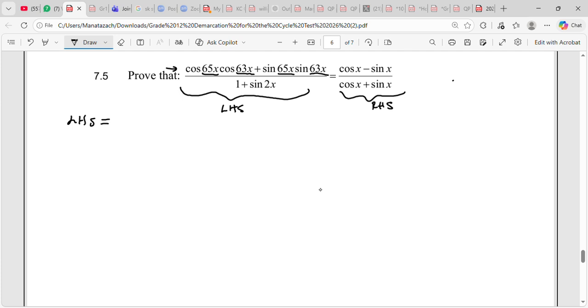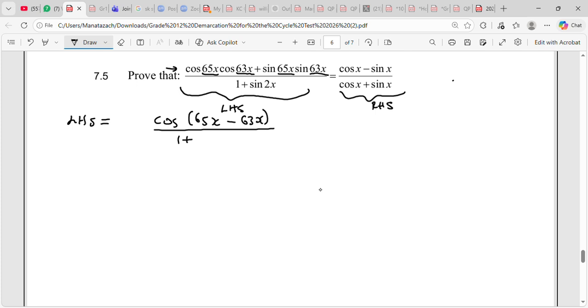I'm going to simplify it according to that formula. I'm going to write this as cos 65x, which is my alpha, minus, right? So if you have a plus, that means you're going to put minus here, 63x. So all of that is divided by the bottom, right? 1 plus sine 2x.